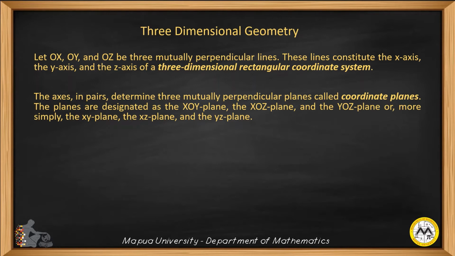A plane that contains the x and y axes is referred to as the xy plane. The one that contains the x and z axes is the xz plane, and the yz plane is the plane that contains the y and z axes.